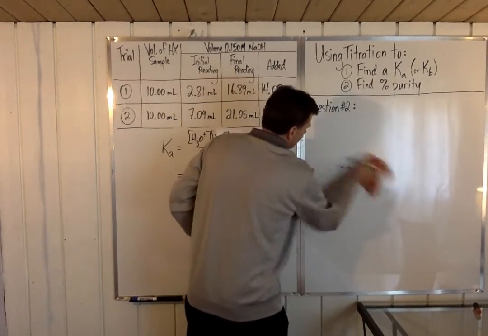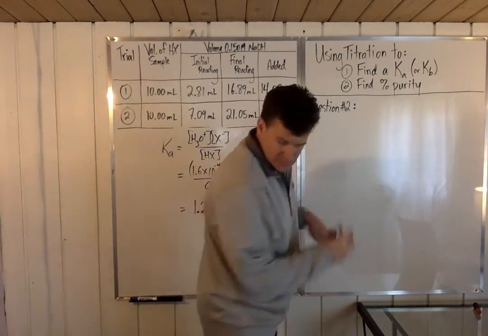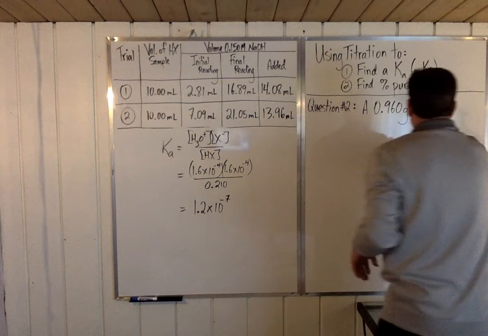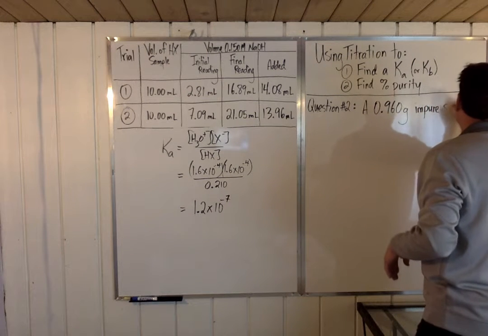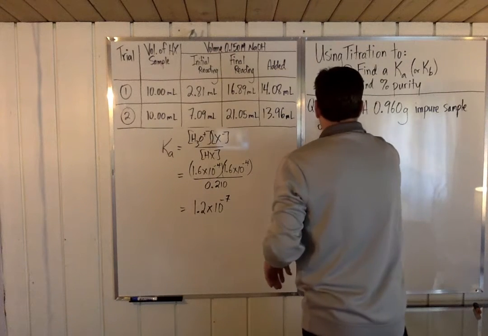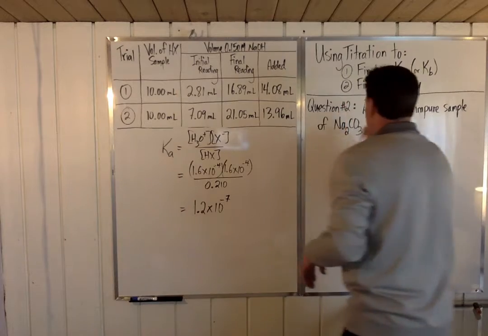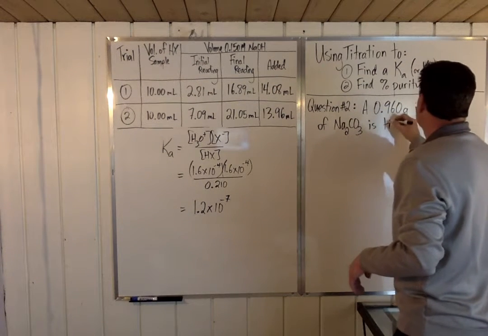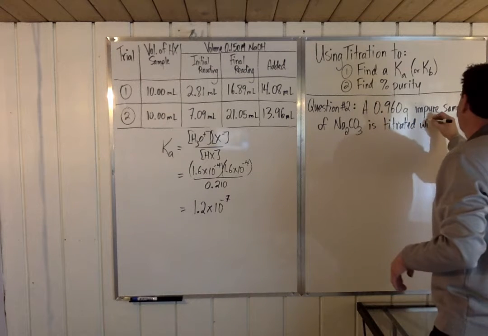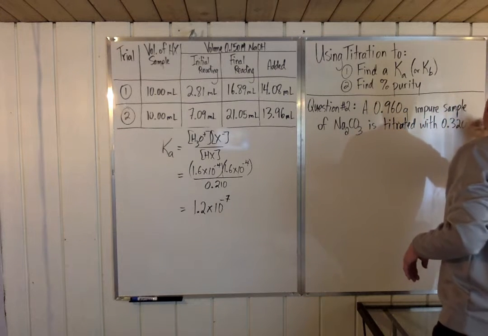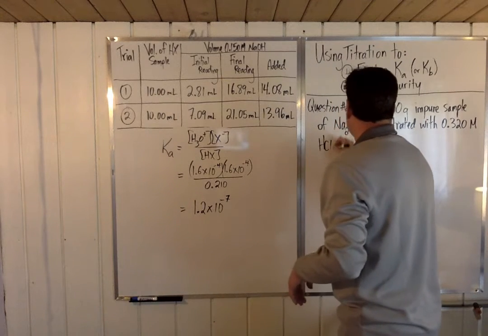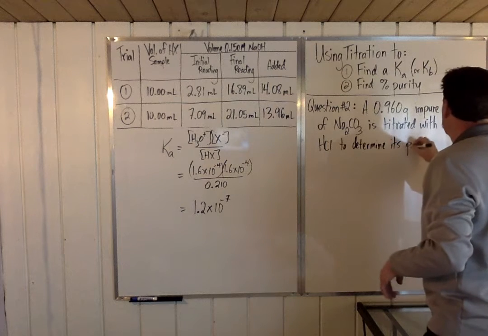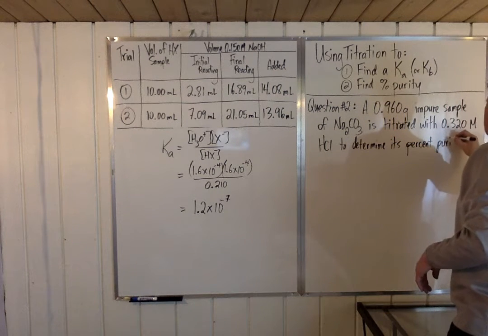So the question that I'm going to give is this. A 0.960 gram impure sample of Na2CO3 is titrated with 0.320 molar HCl to determine its percent purity.